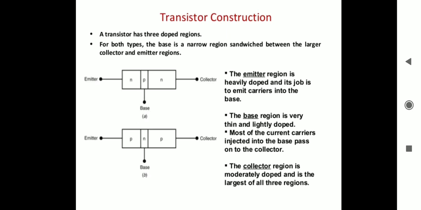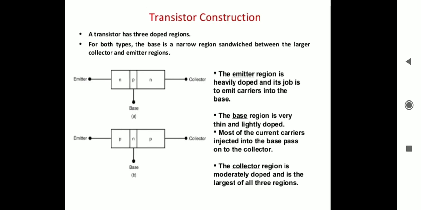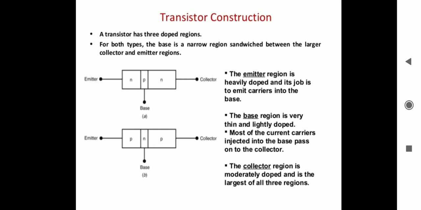In both types, the base comes in between the collector and emitter regions. The base is always a thin and lightly doped layer. You can see in the structural diagram also that the base region is drawn thin and lightly doped. The emitter and collector layers are much wider than the base and are heavily doped.